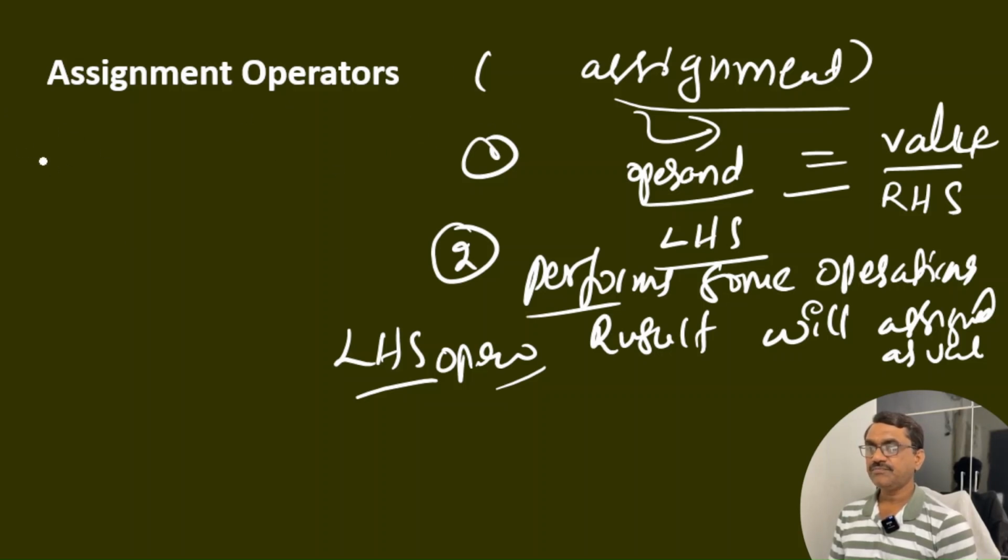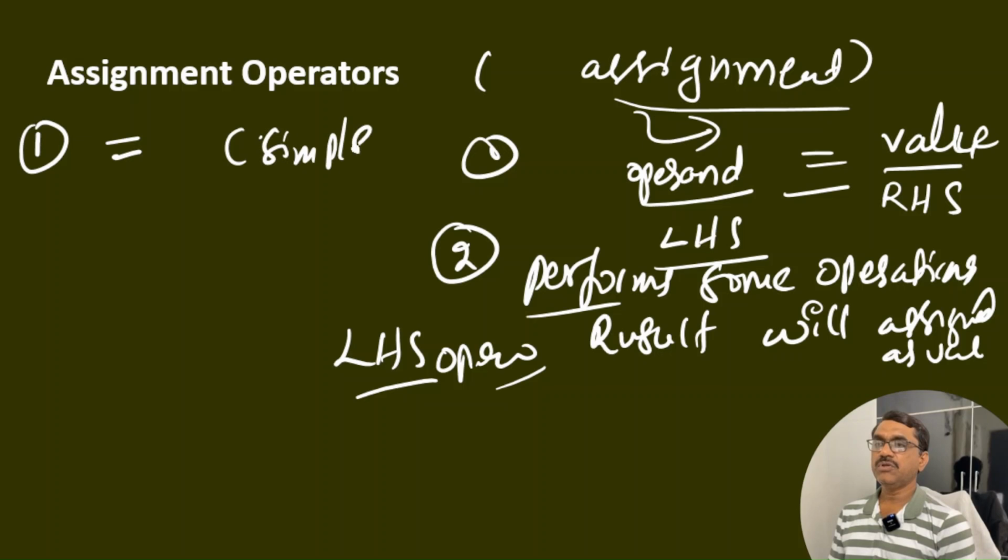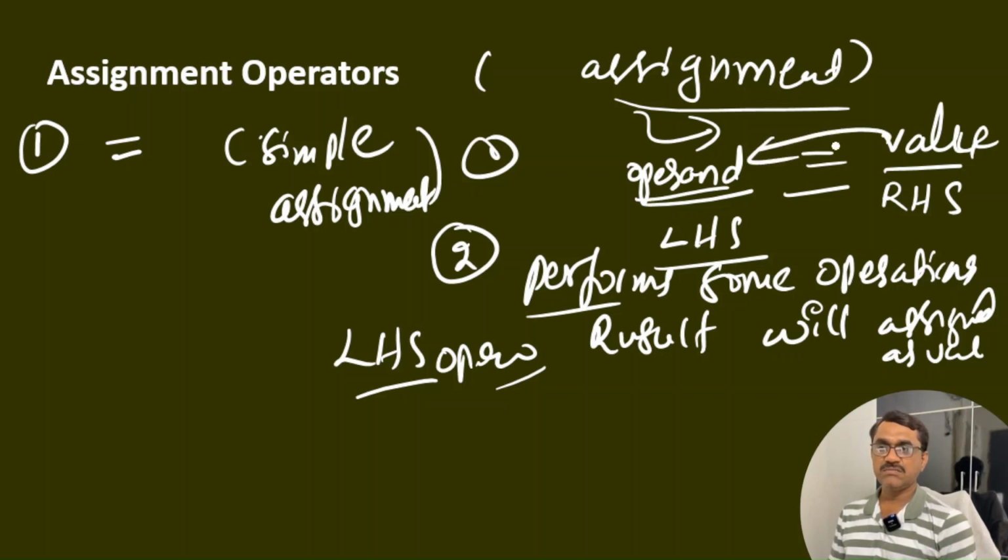Let us see. The first one we write simply like this. This is simple assignment. What is the function of this simple assignment? Just it assigns the value at right hand side to the operand which is at left hand side. This is general assignment.